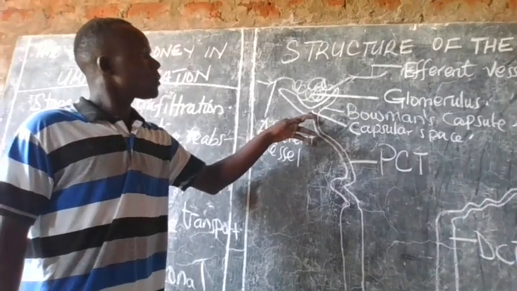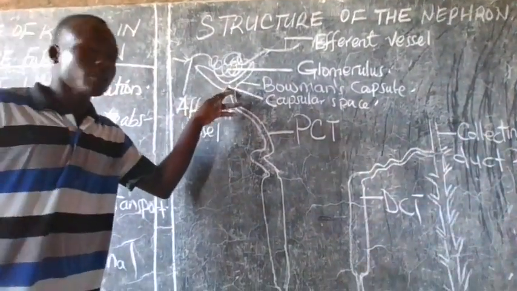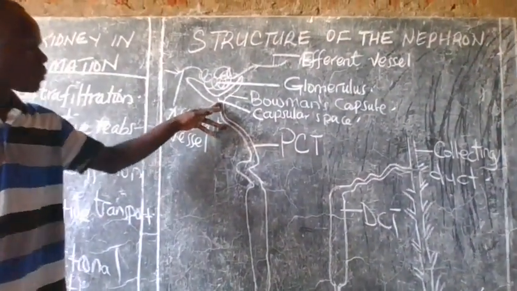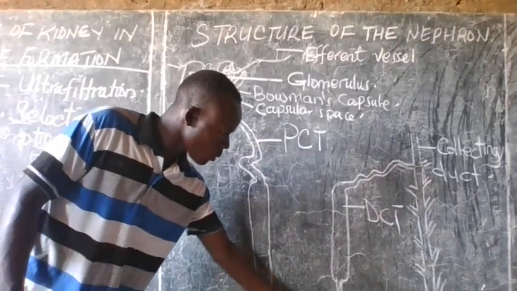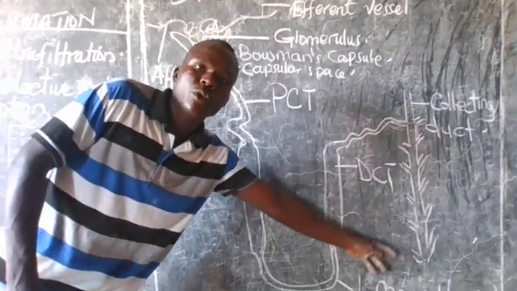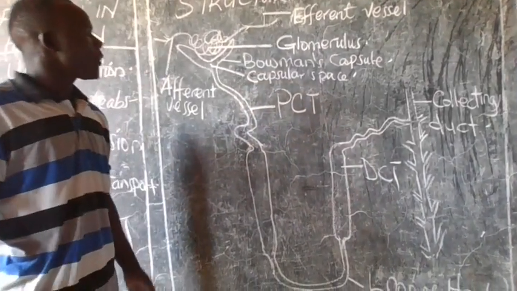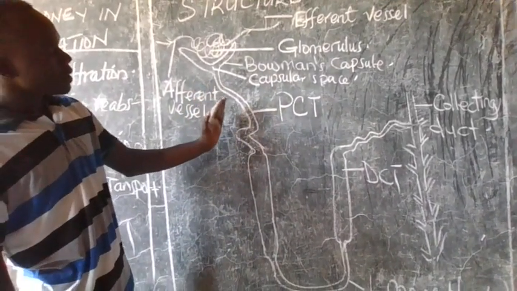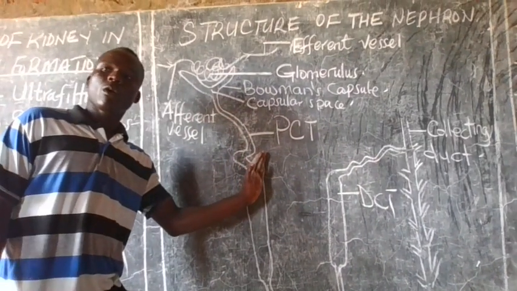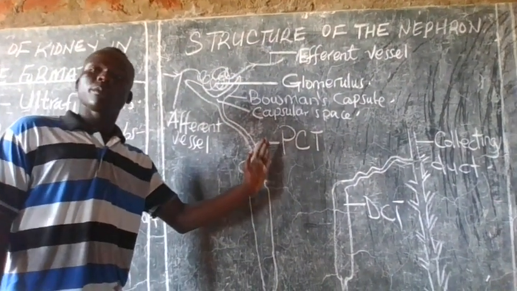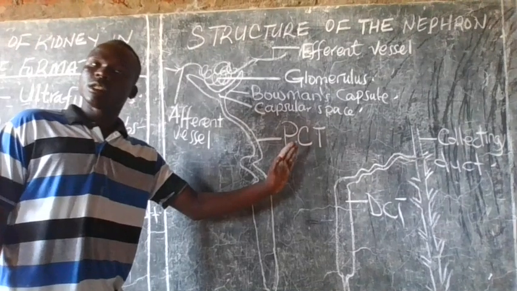After the glomerular filtrate has entered into the capsular space, it continues to flow through the renal tubule. As it flows, it reaches the proximal convoluted tubule.